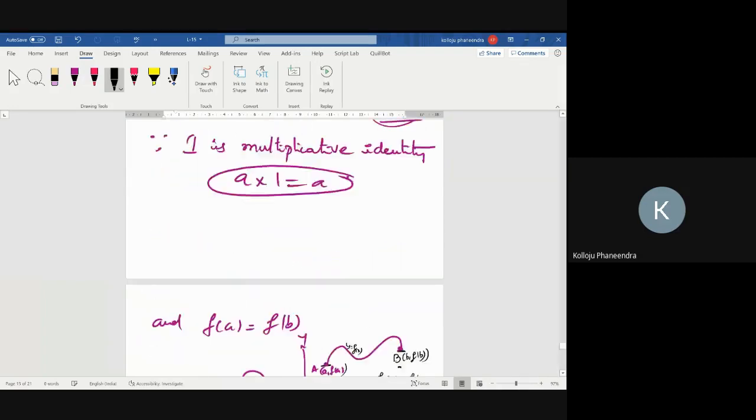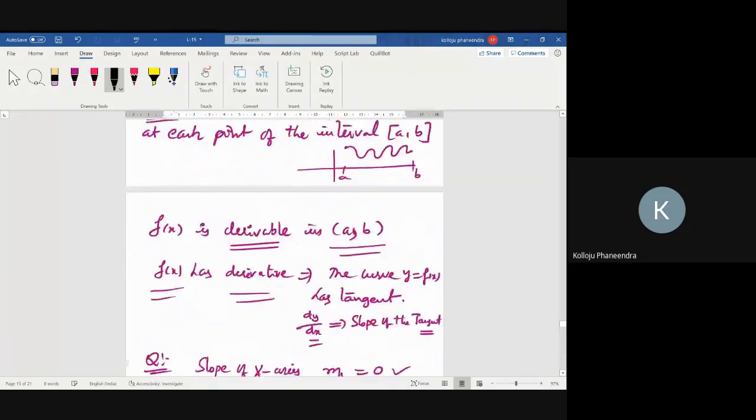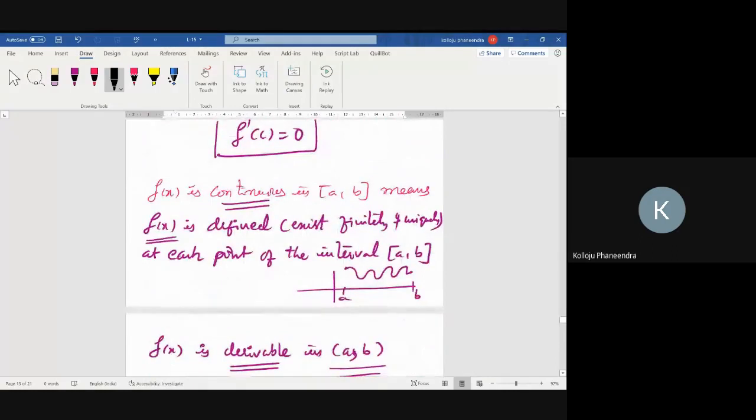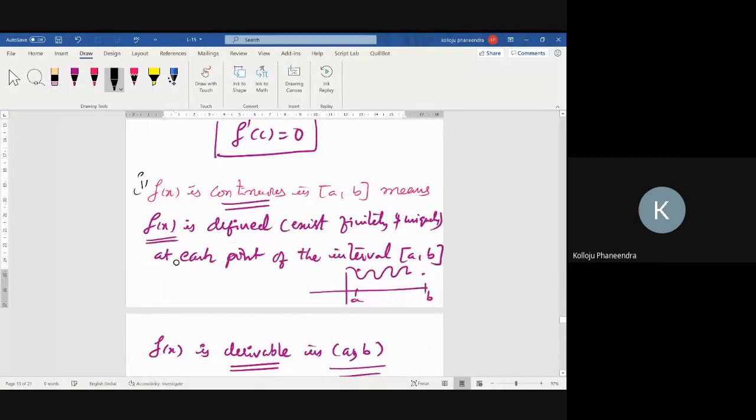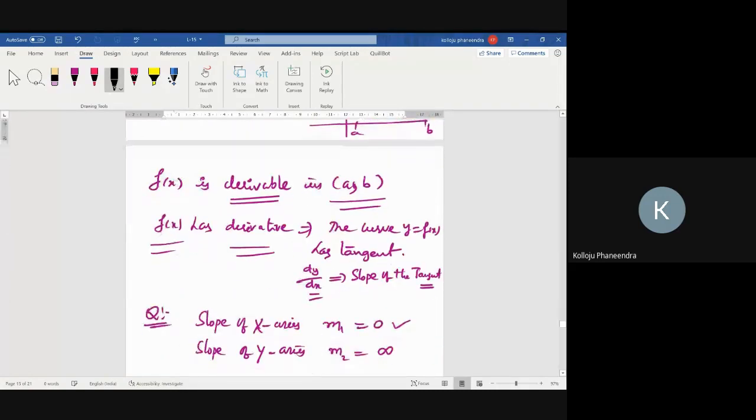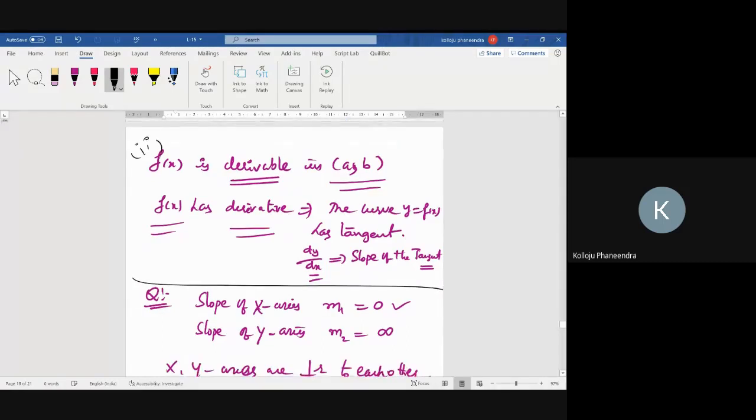The statement is important, and for the geometrical interpretation you have to write the first condition, and then the second condition. The second condition is: derivable means the curve y equal to f of x has a tangent at every point of open AB.